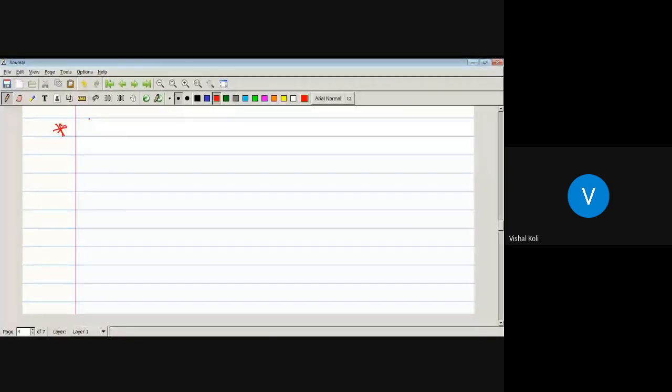So let us see the determinant of a matrix.